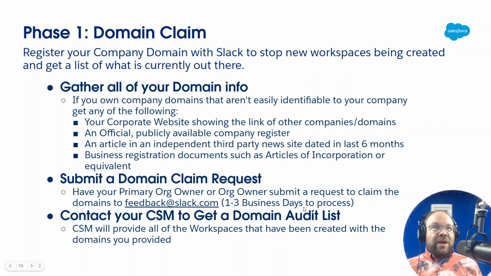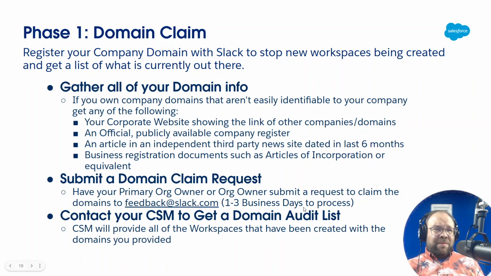So in order to get domain claiming, you need to gather all your domain info. Company domains that are easily identifiable are pretty easy to do, but if you have multiple different domains or multiple different brands, it's best to gather all that information together.